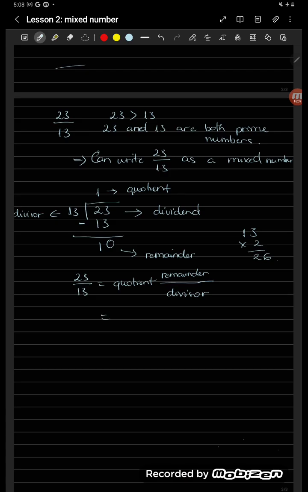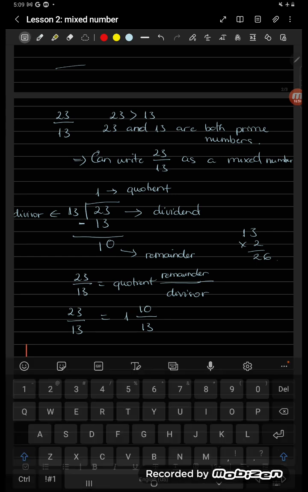So now we just put the quotient here, the remainder 10 here, and whatever the divisor is, we put here. So now 23 over 13, we can write as the mixed number 1 and 10 over 13.